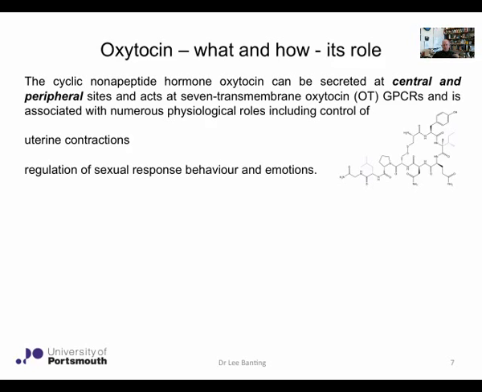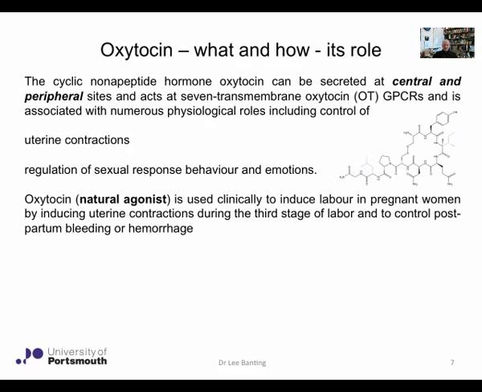Regulation of sexual response, behaviour and emotions is an up-and-coming topic that is hitting the literature at the moment. It's always been there as an underlying effect of oxytocin, but the emotional response, the more neural function of oxytocin, is becoming uppermost in people's interest.